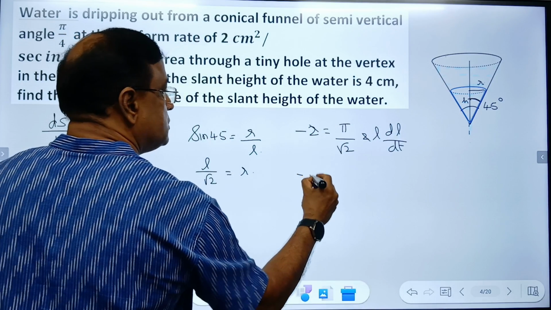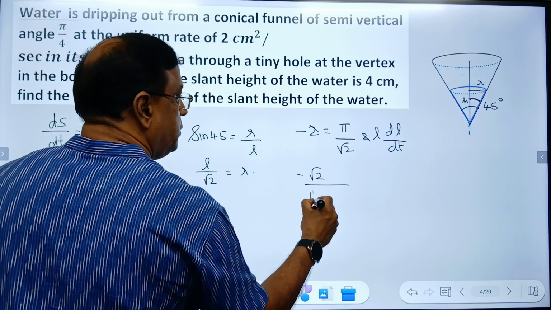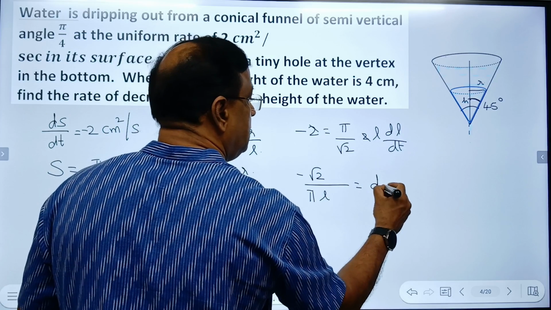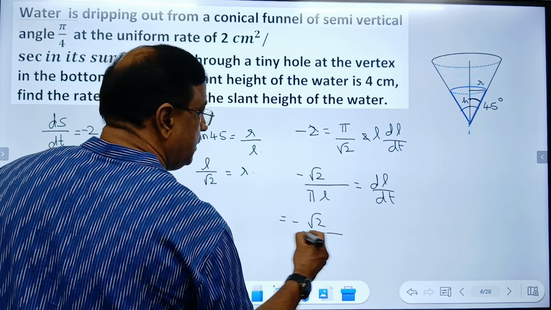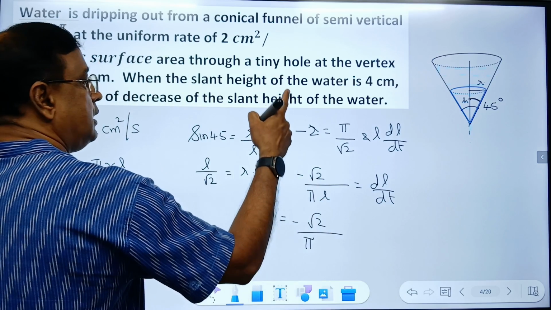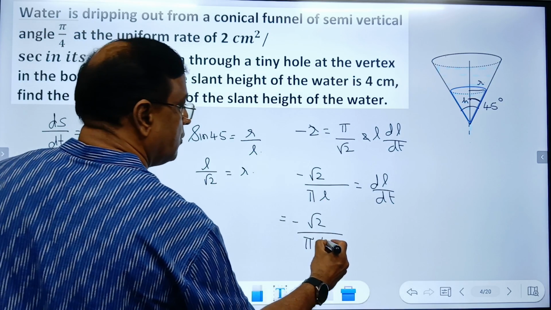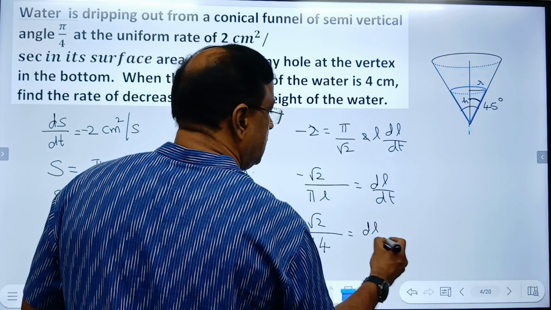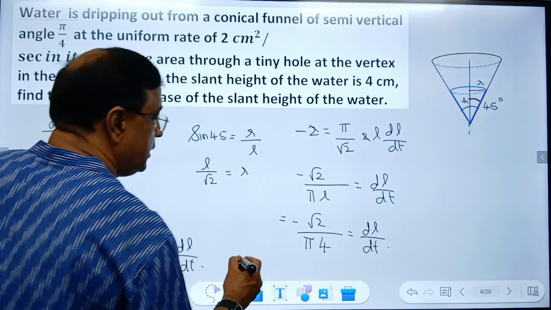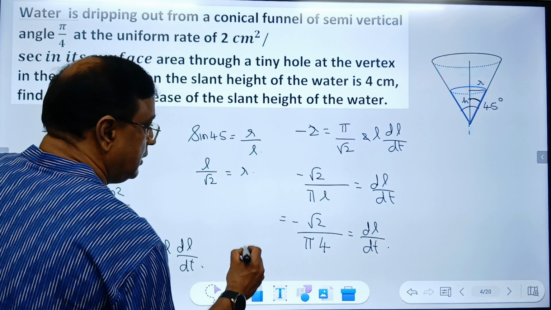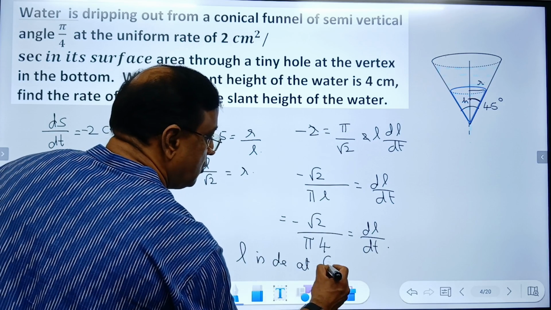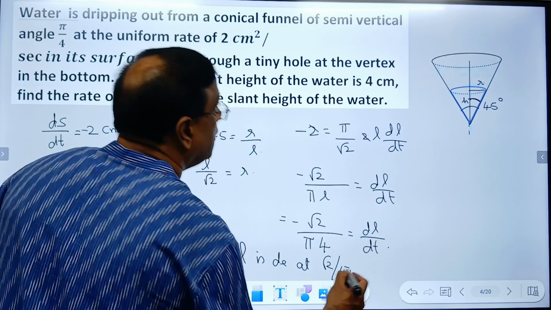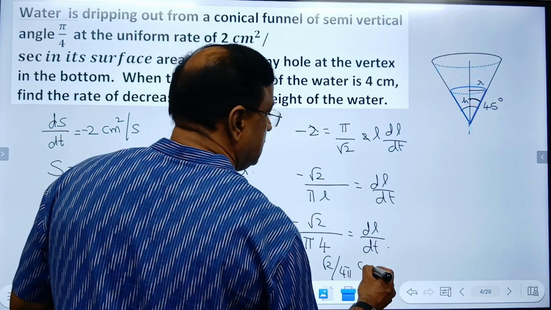I get minus root 2 by pi L equal to dl by dt. Here the slant height is given as 4. So the answer is that L is decreasing at the rate of root 2 by 4 pi. I think the unit is centimeter per second.